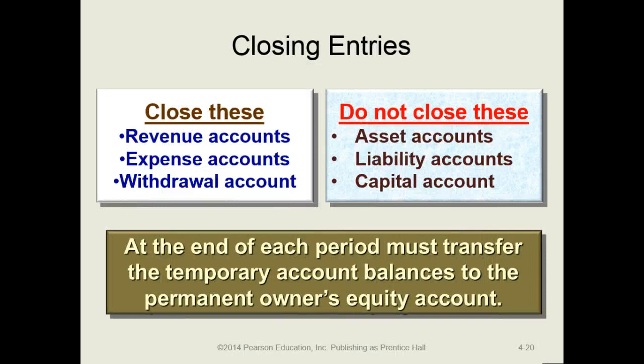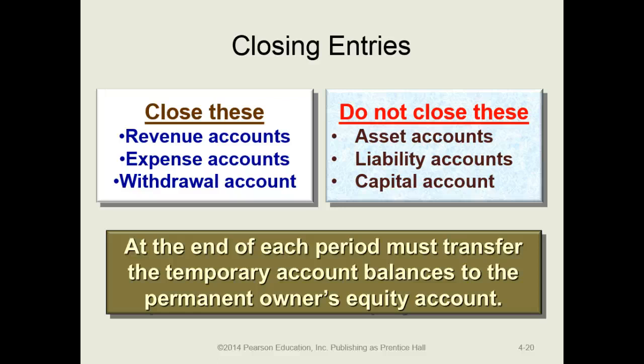Key element in Chapter 4 is closing the books. If you think about it, our income statement related accounts need to be closed. Why? Well, let's say you had $50,000 revenue of the previous year. If we didn't zero that out at the end of the year, we'd be starting the next year with $50,000 in revenue.